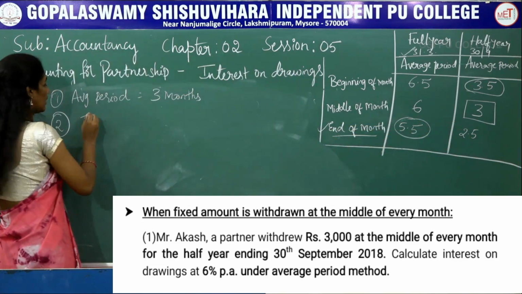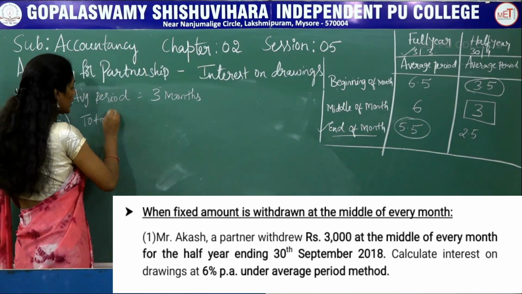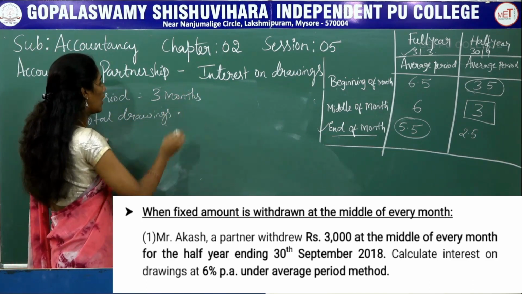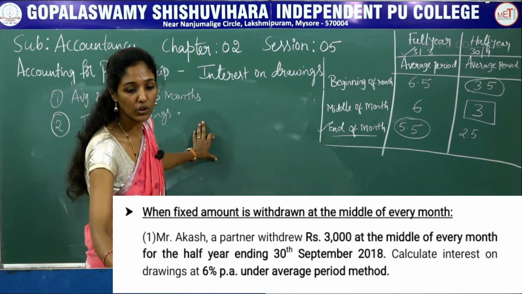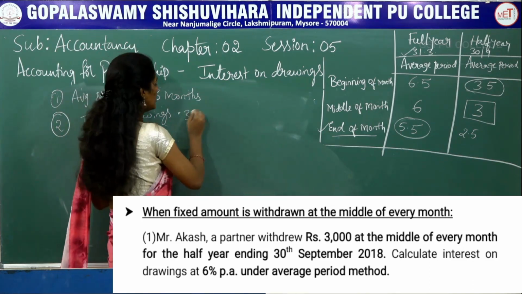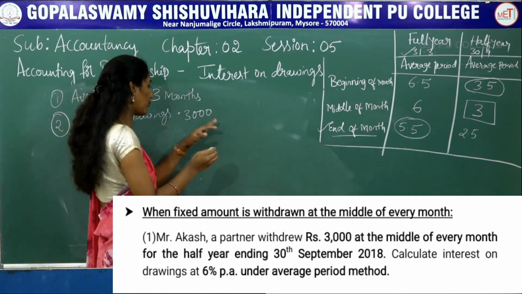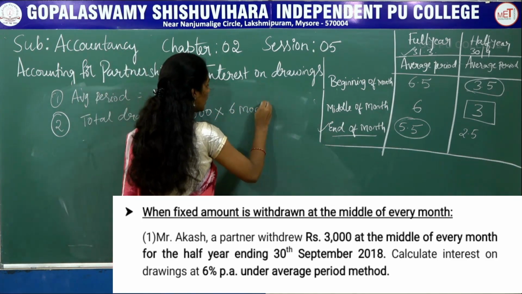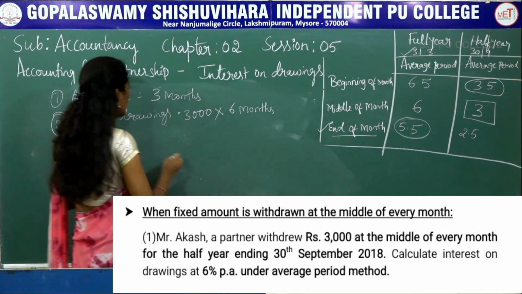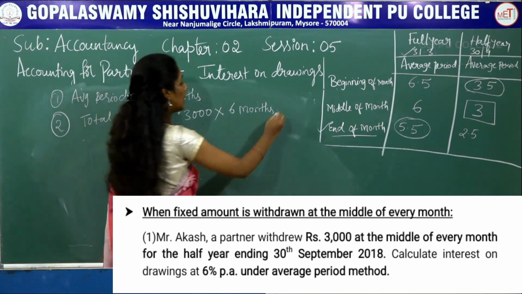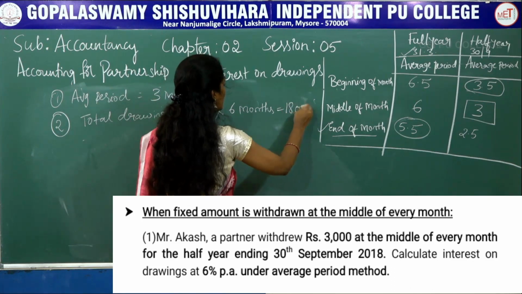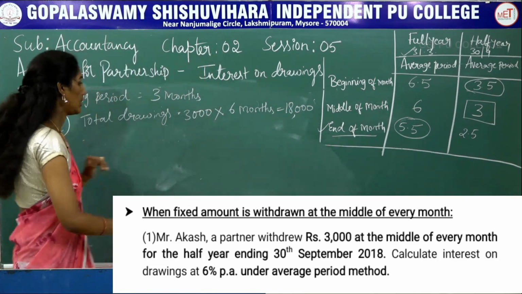And the next, calculation of total drawings. Here he has withdrawn 3,000 in the middle of every month into 6 months, because the period contains only 6 months. 3,000 into 6, 18,000.